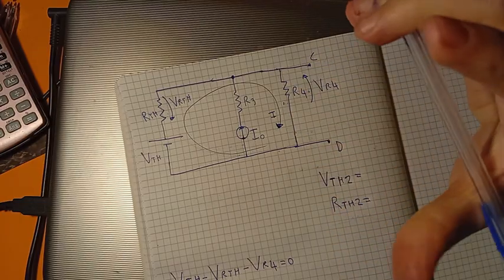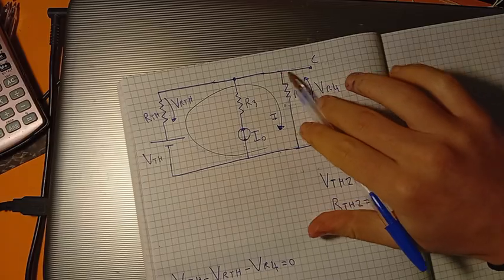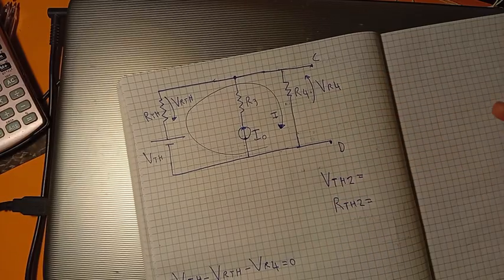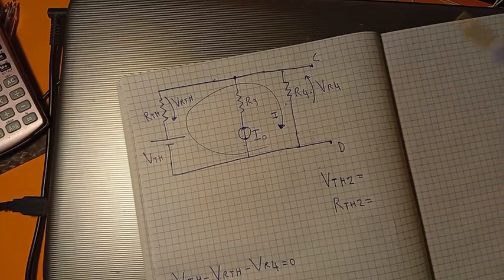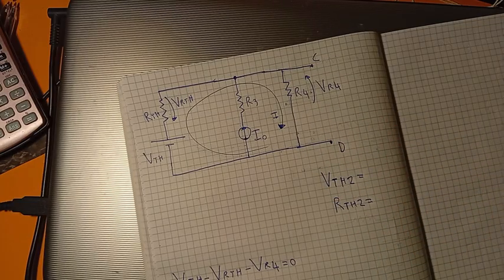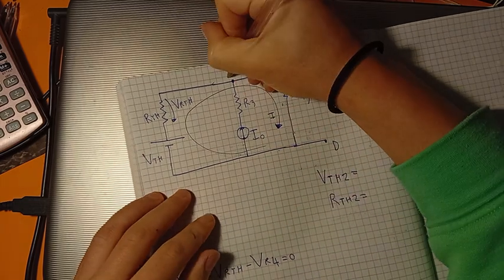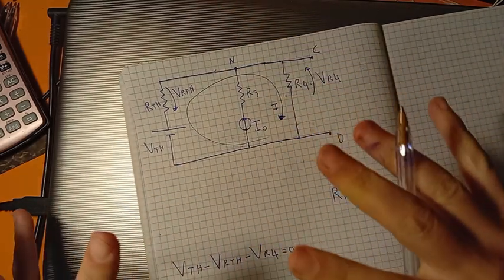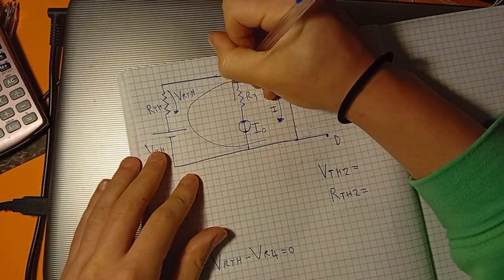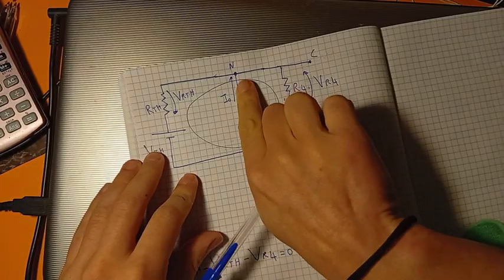How many nodes are in this circuit? Well, just 1 and 2, okay? The other ones I cannot consider as nodes, because these wires lead to nothing. So this wire and this wire, it is like they do not exist, okay? So I have one node here. Let's call it M. What happens in this node? Well, I have this I0 which goes inside.